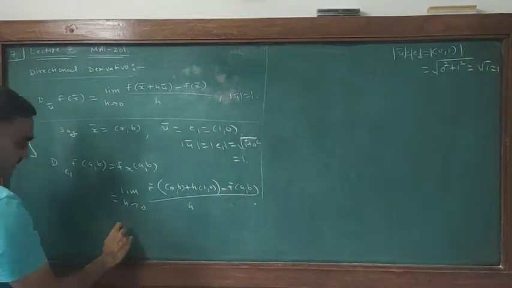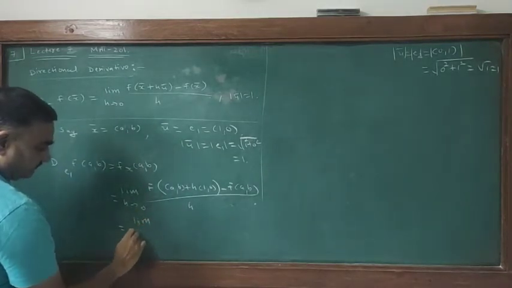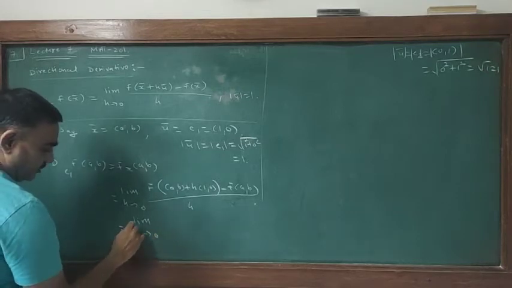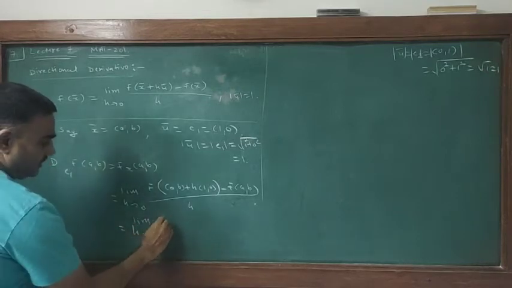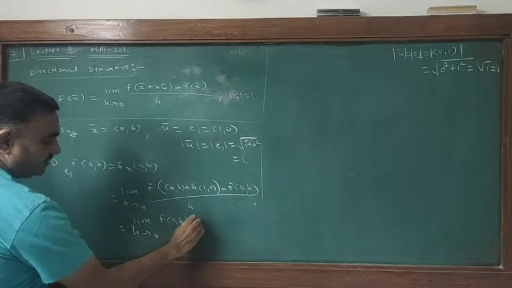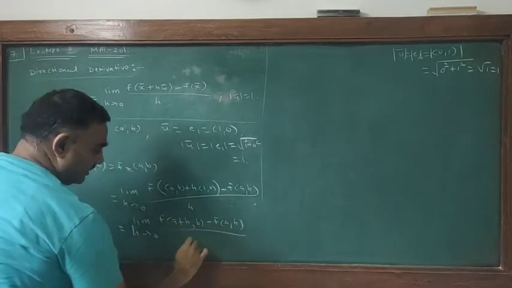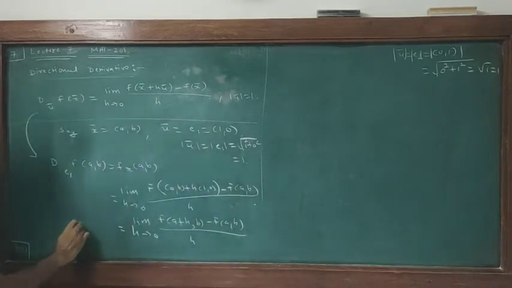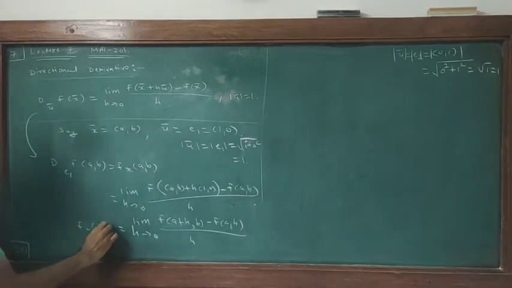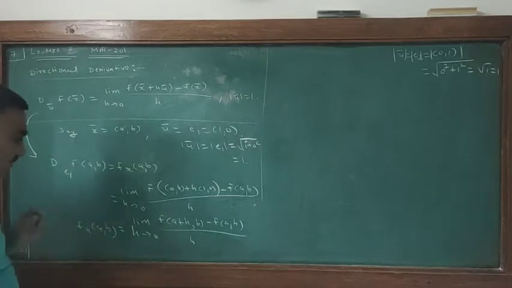This is equal to the limit as h tends to 0 of f of (a plus h, b) minus f of (a, b) upon h, and this is known as the partial derivative with respect to x.